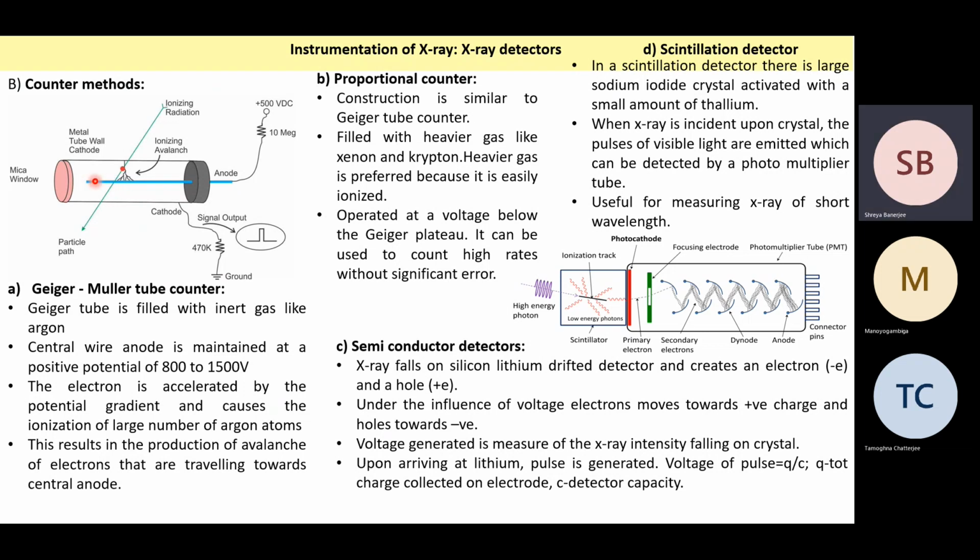The central wire anode shown here is maintained at a positive potential of 800 to 1500 volts. The electron that is formed from the filament is accelerated by the potential gradient and causes ionization of a large number of argon atoms. This results in the production of an avalanche of electrons that are traveling towards the central anode.